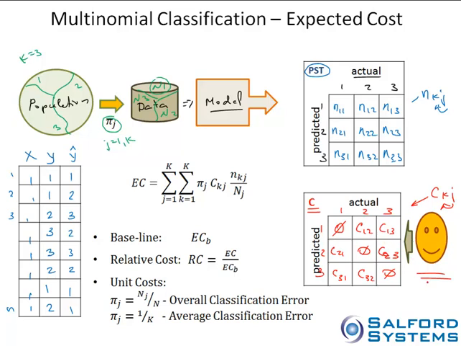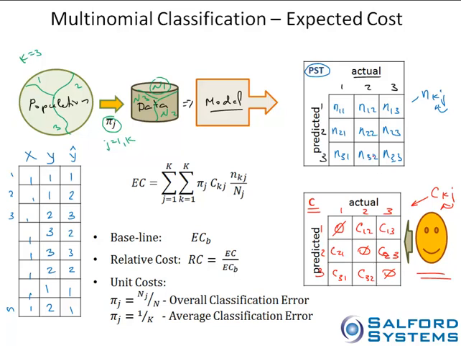So it's a kind of subjective measure imposed by the analyst onto this problem. So you could say, for example, that misclassifying 3 as 1 is very bad, but 2 as 1 is okay. So you can make symmetric costs, non-symmetric costs, all sorts of different structures are available out there.